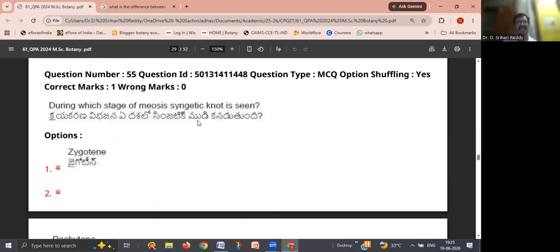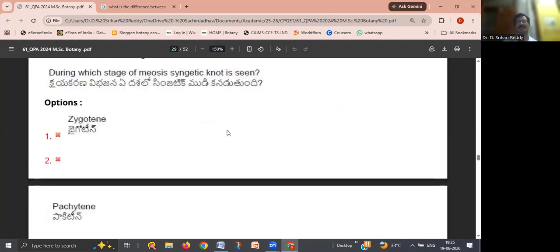Next one is, during which stage of meiosis is the synaptic knot seen? The synaptic knot is formed between the homologous chromosomes. Meiosis is divided into meiosis 1 and meiosis 2.